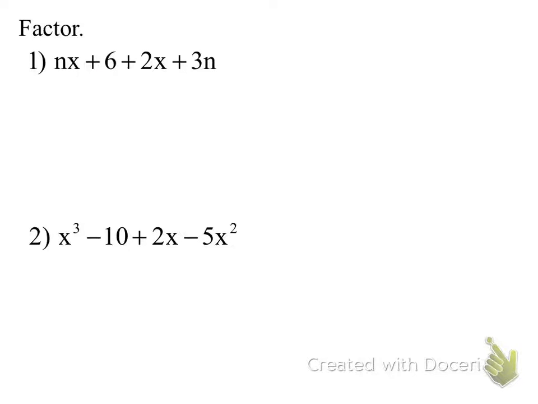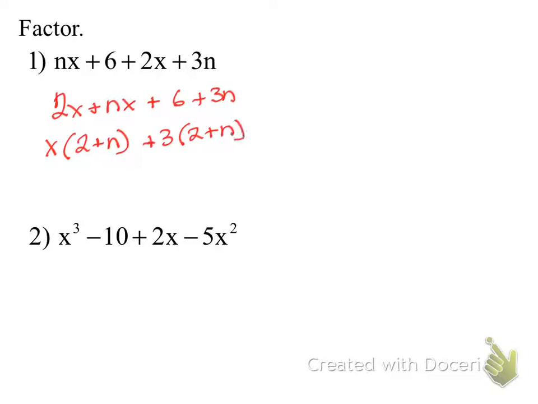So I would reorder it as 2x plus nx plus 6 plus 3n. And then I would factor the first one as x times 2 plus n, and then plus 3 times 2 plus n, and then I would group together as 2 plus n times the quantity of x plus 3.